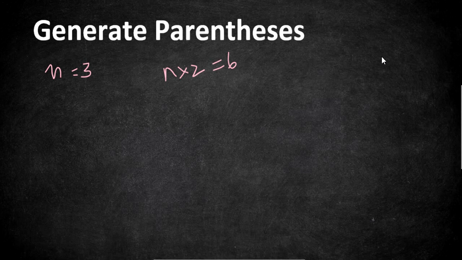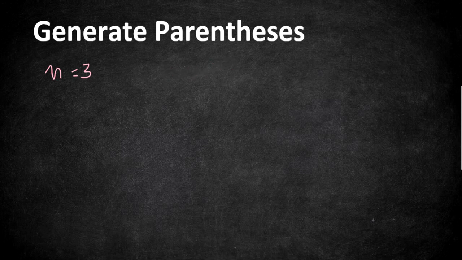Now what are the possible ways we can construct our output? How do we define the rules or constraints to construct our string? The first rule is that it should be of length n into 2. The second rule is that you must have an open bracket in order to have a closed bracket.